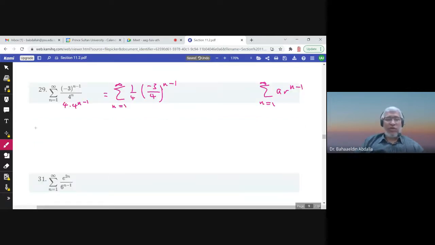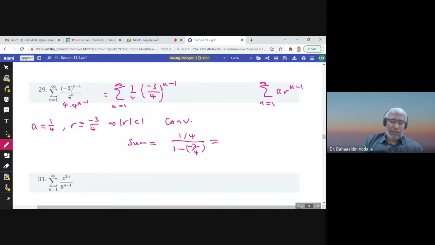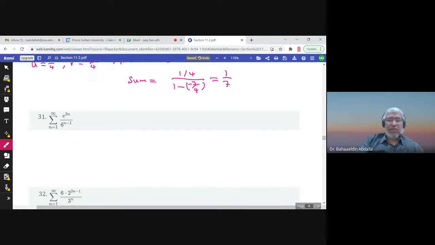So comparing with this, a, the first term, is 1 over 4, and r is negative 3 over 4. Well, the absolute value of r is less than 1, so it's a convergent geometric series, and the sum is a, which is 1 over 4, over 1 minus negative 3 over 4, which is r. So the answer is 1 over 7, the sum of the series.